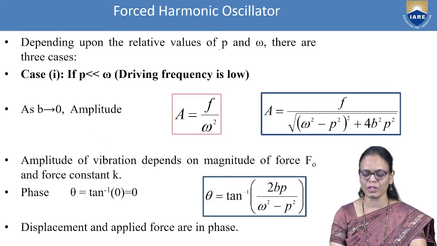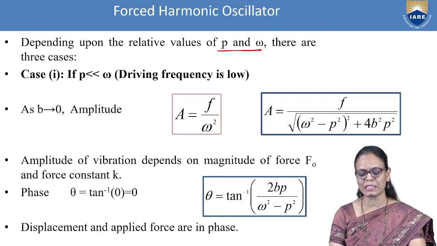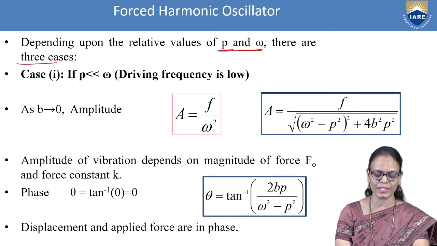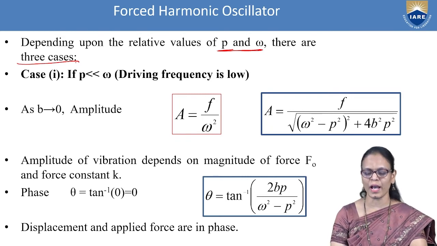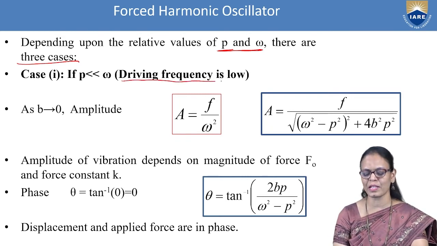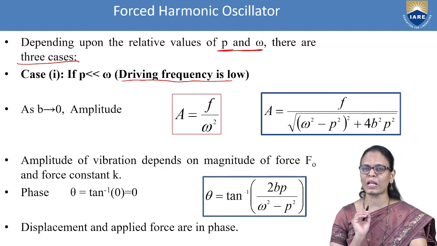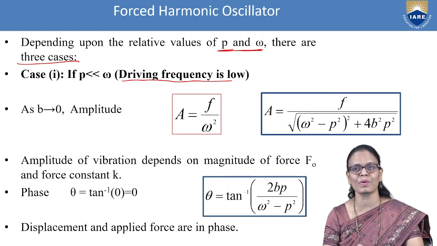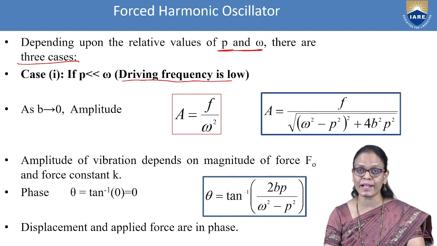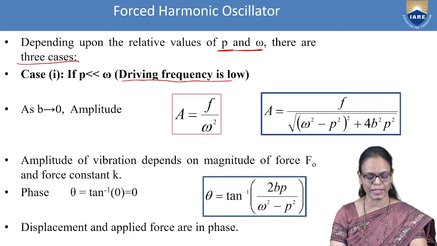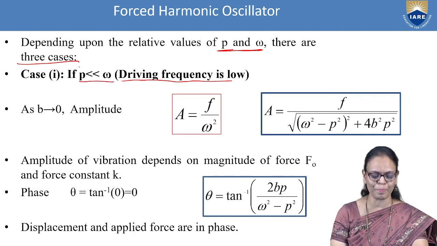Now, depending upon the values of p and omega, that is the driving frequency and the natural frequency, we have three cases. What happens if the driving frequency is low? That means the external periodic frequency which we are applying is less than the natural frequency. That is, the condition here is p less than omega.